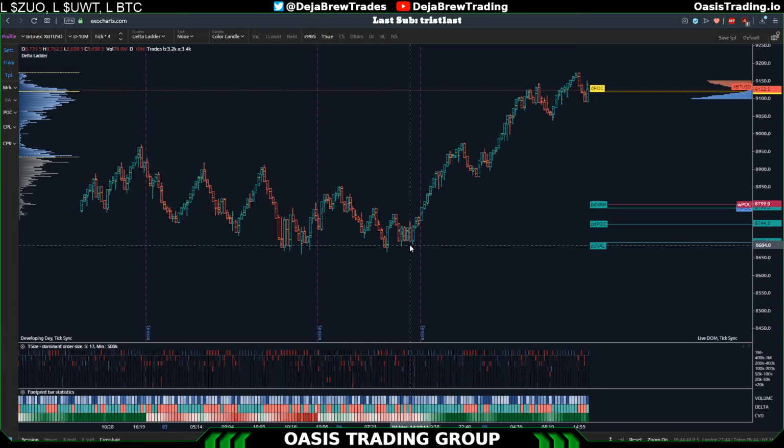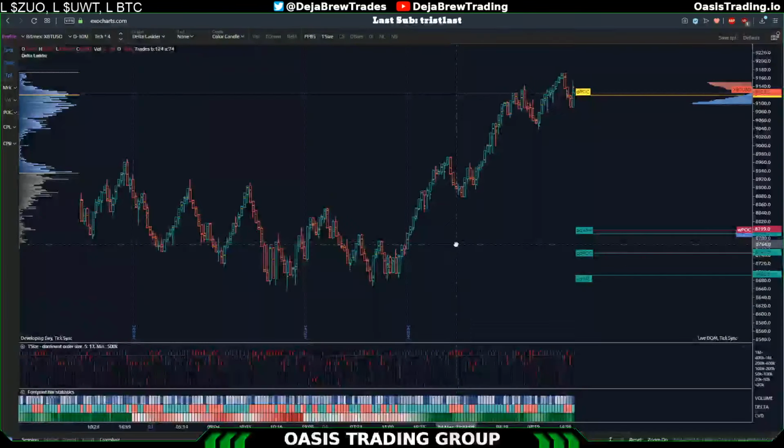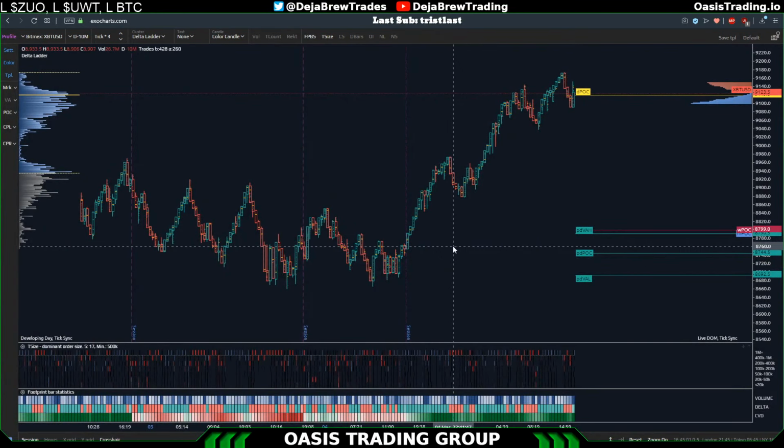Because you're trying to counter trade a long-term trend shift, a long-term momentum shift. You do not want to be on the wrong side of a very strong momentum shift, which you have probably seen throughout your trading. I'm sure you've been caught on the wrong side of a momentum shift many times before.